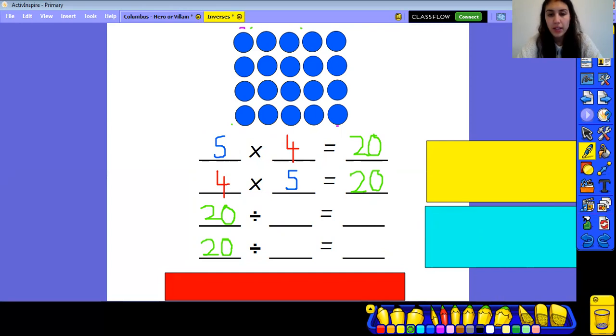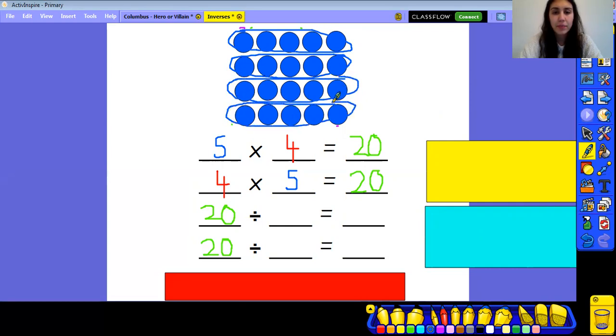So we could say that I have got 20 grouped into 5s. So 20 grouped into 5s gives us how many groups? 1, 2, 3, 4 groups.